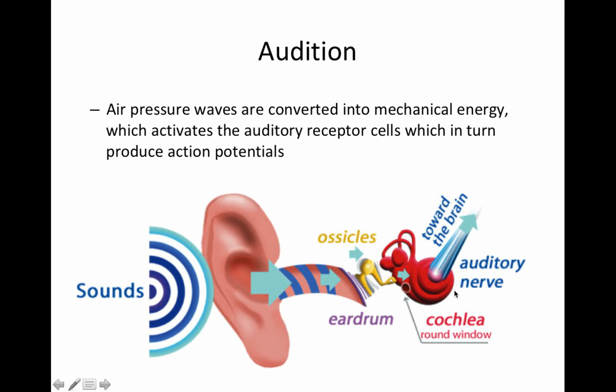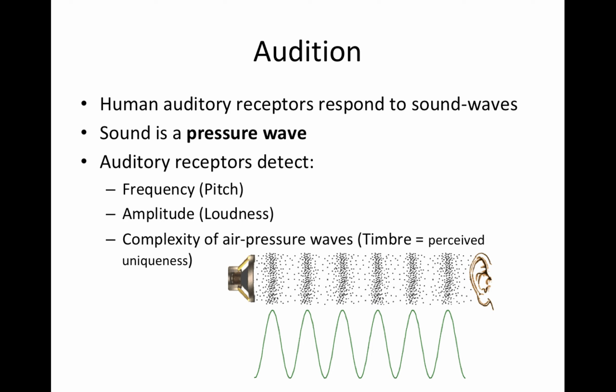So here you have a very schematic picture of the ear, how pressure waves go into there. They make the eardrum vibrate, then the little ossicles, and then eventually it goes into the cochlea, and then it goes to the brain. So let's dive a little deeper into this.